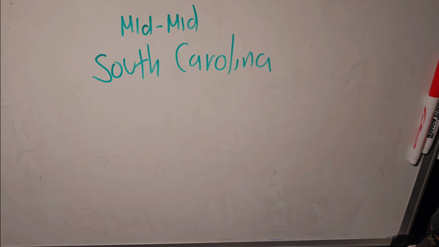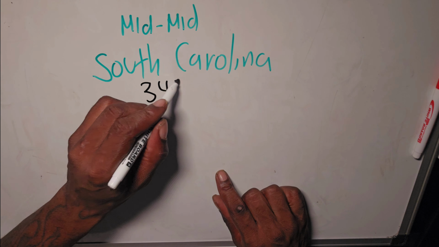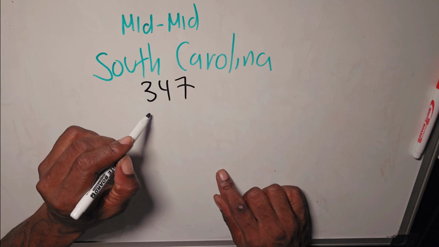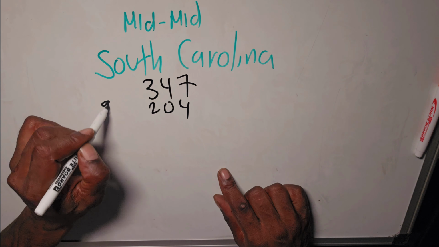I'm gonna show you how you're gonna use your previous number, South Carolina, to get your next hit. Okay, so let's do it. 347 is what you're gonna use. 347, 204. That came out 918.